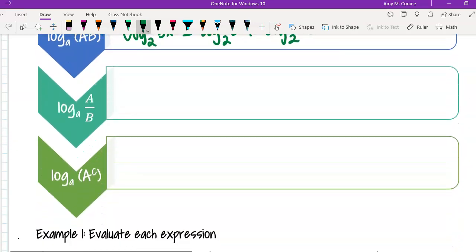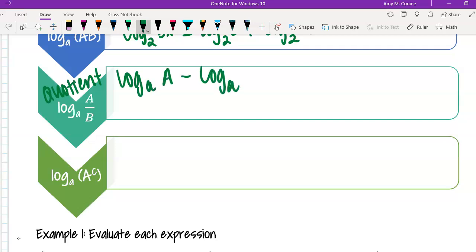The next one is if we have a quotient. Same base, but we have a quotient. So we'd have log base a of a minus log base a of b. Using the same example, I'm going to put 3 over x with the base 2.